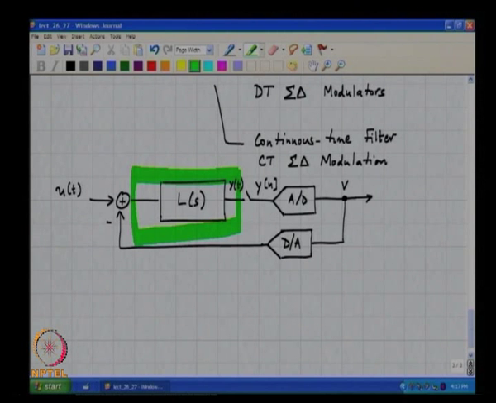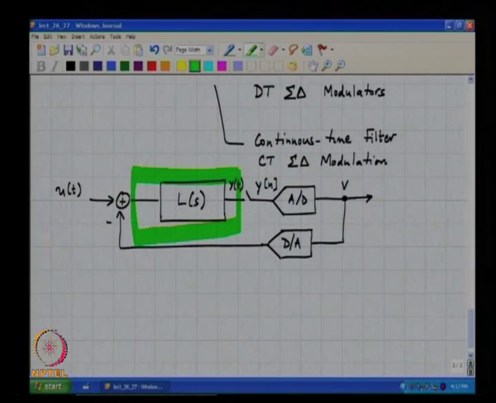We will get into the details a little later on, but at least intuitively you should see that this should be possible. How we do it is another question, but hopefully by fooling around with L of S you can make it look like some desired L of Z.